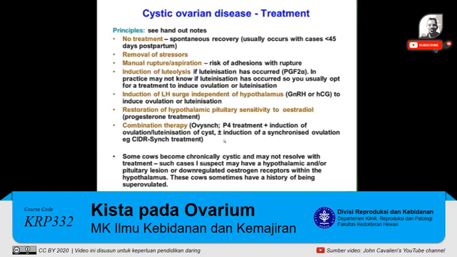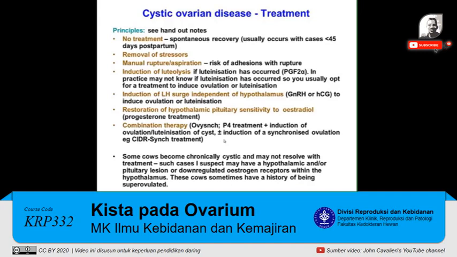If they are luteinized, if they're producing progesterone, then you can induce luteolysis with prostaglandin F2 alpha, provided that there's enough corpus luteum, there's enough PGF2 alpha receptors present on the luteal cells.